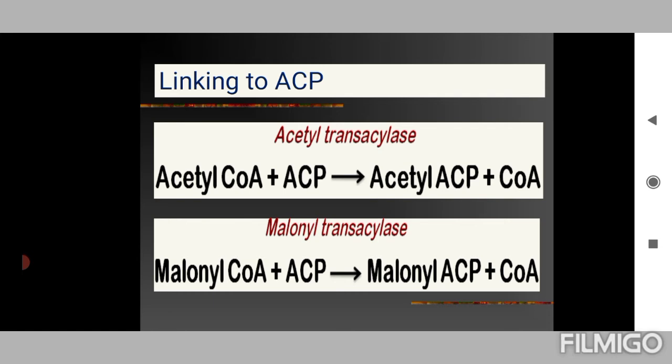So these enzymes, acetyl transacylase and malonyl transacylase, are present on the FAS complex, so as to give acetyl ACP and malonyl ACP.